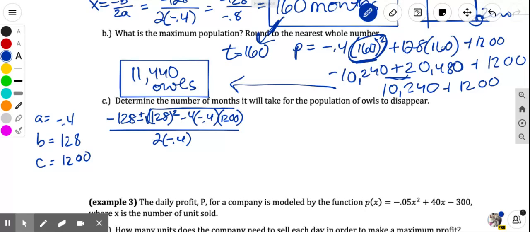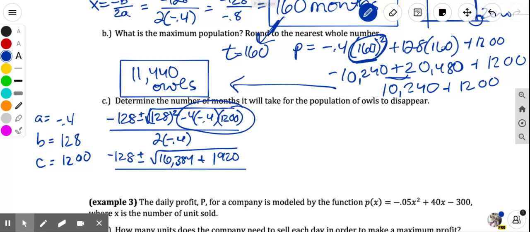Okay, so negative 128 stays the same. 128 squared is 16,384. And then if I multiply these three, negative 4 times negative 0.4, it's a positive, times 1200 would be 1,920. And then 2 times negative 0.4 would be negative 0.8.